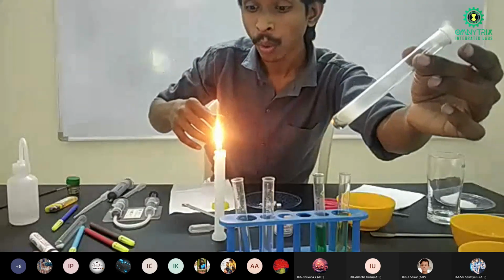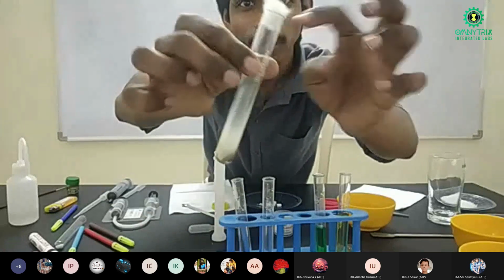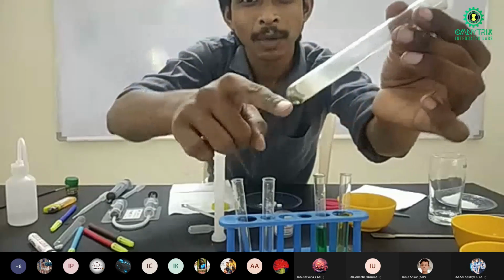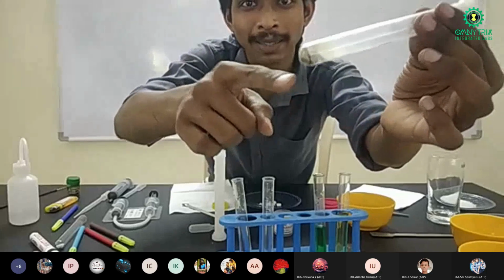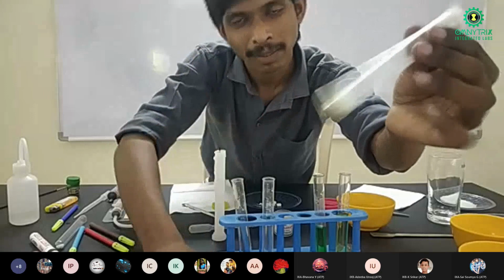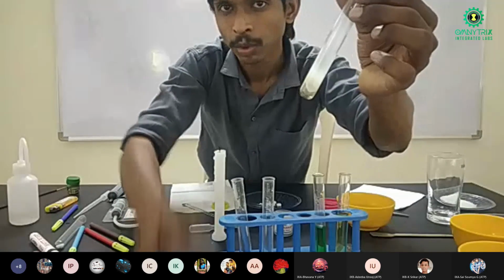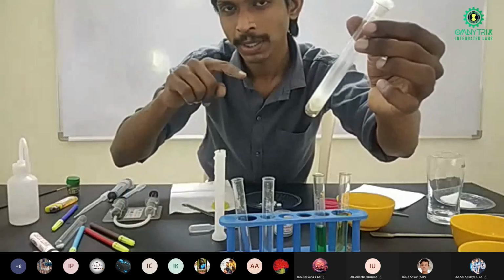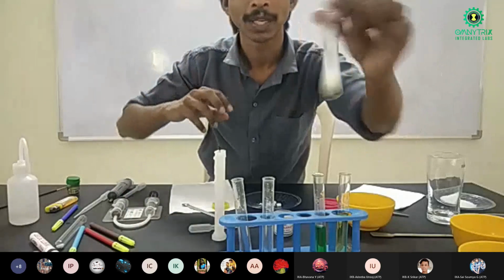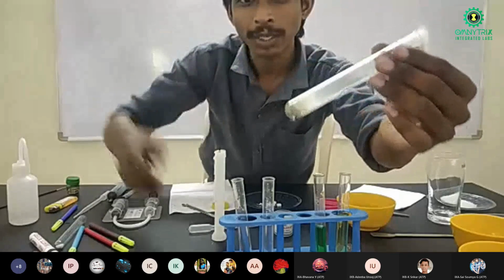All this camphor is now around the test tube and on the cotton. But now this black thing is completely salt. Because of impurities in the test tube, the salt turned black. Otherwise, it will become white only. So tomorrow I'll get a fresh test tube and we'll do the sublimation once again with a clean test tube. Can you see that because of sublimation, I've separated the camphor and salt?